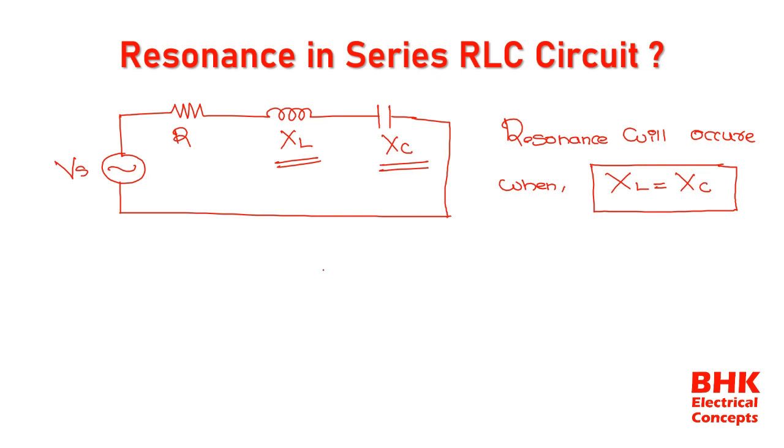And we know the expression of impedance: Z is equal to R plus j into (XL minus XC).